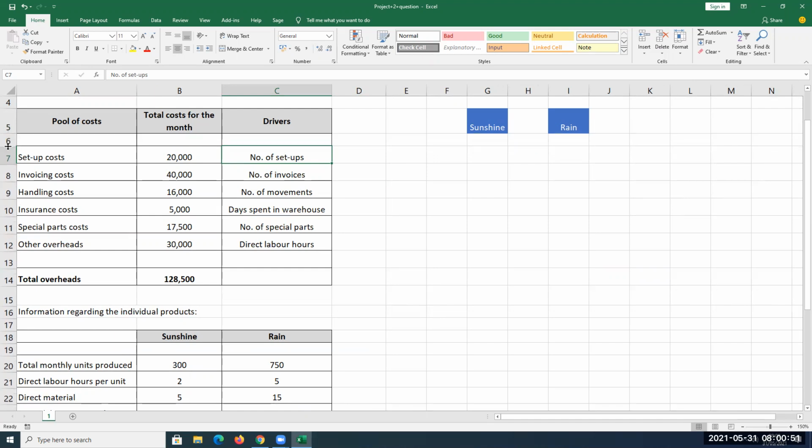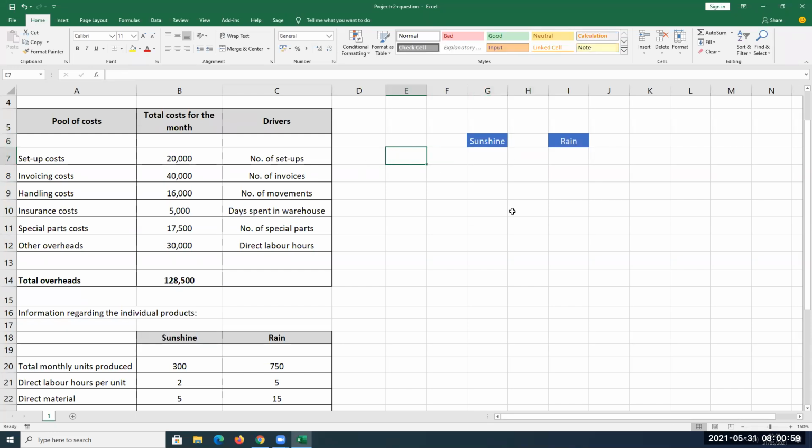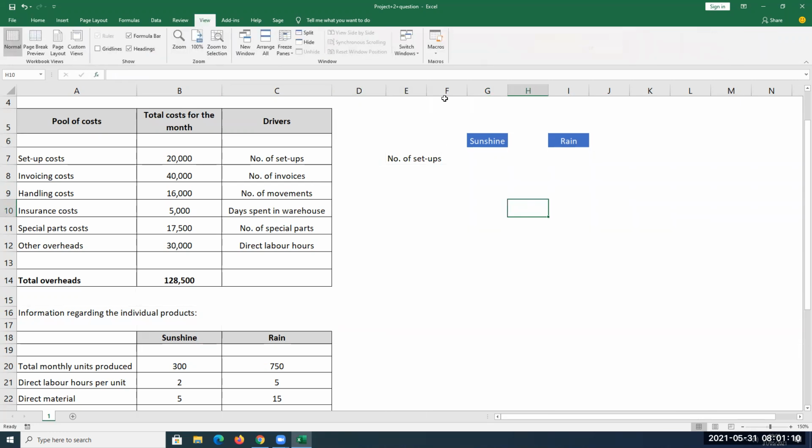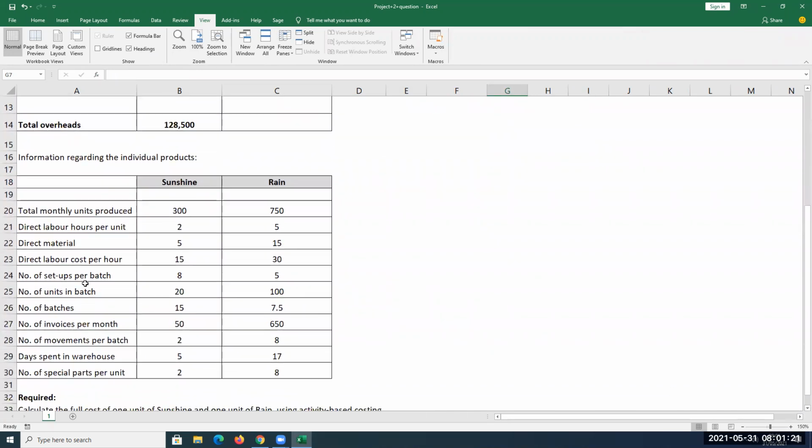If anything is not clear, you can ask me at any time. So first of all, the number of cost drivers, number of setups. Now, for Sunshine, if you check the second table, the information is given here. Number of setups per batch for Sunshine is 8, and how many batches we need to run, 15.